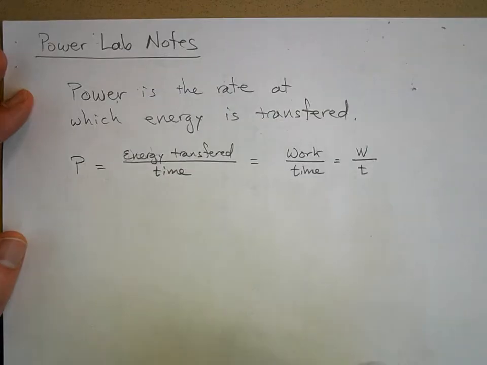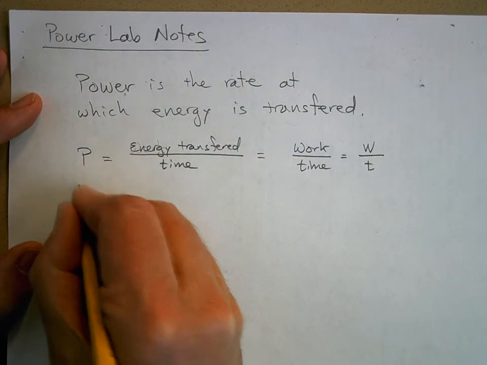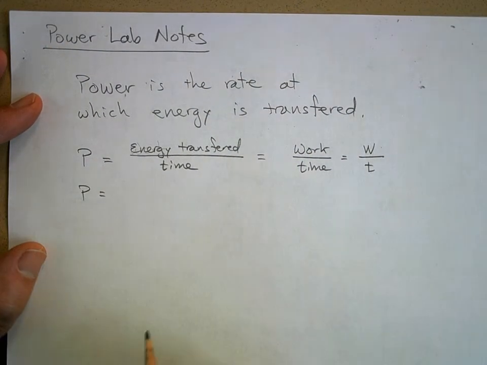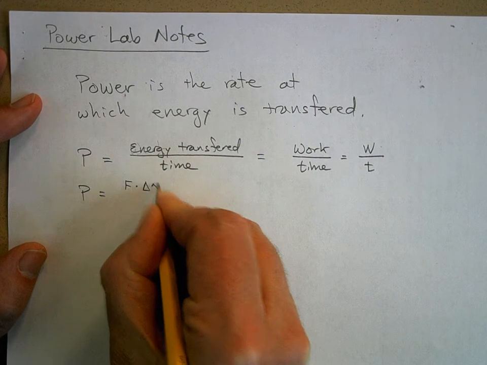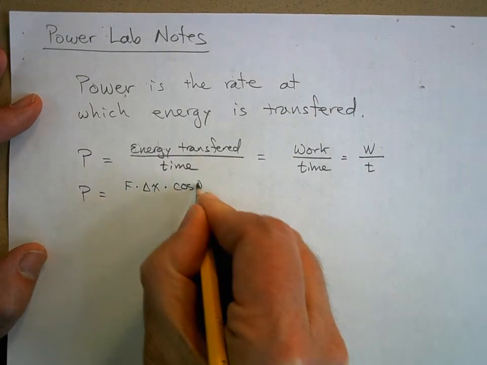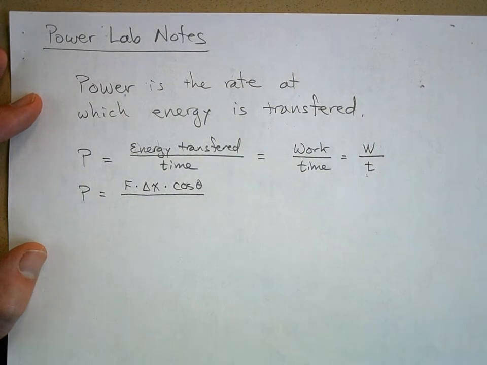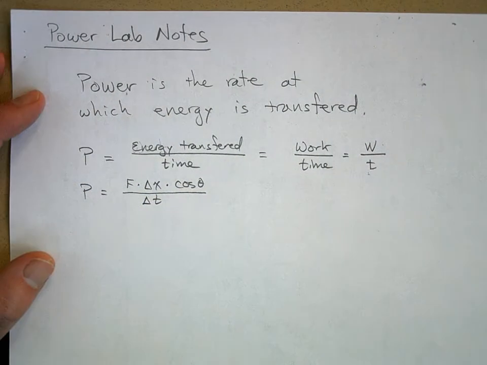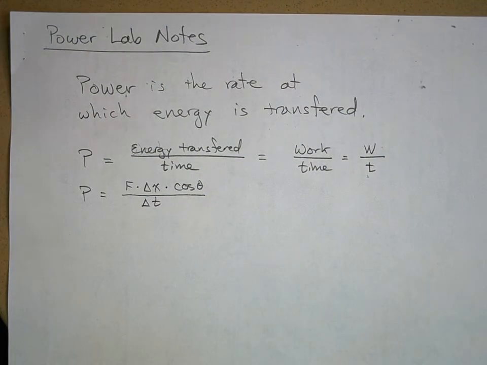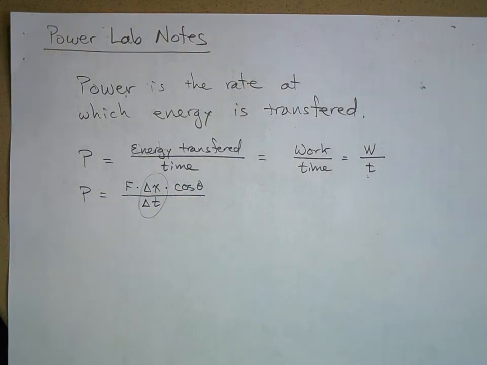And let's take a look at this a little further. Power equals work, and work is force times displacement times the cosine of the angle between the force and the displacement. And sometimes we can think of T as delta T, what time span goes by. So this is one way to think about it. And then, of course, what is delta X over delta T?